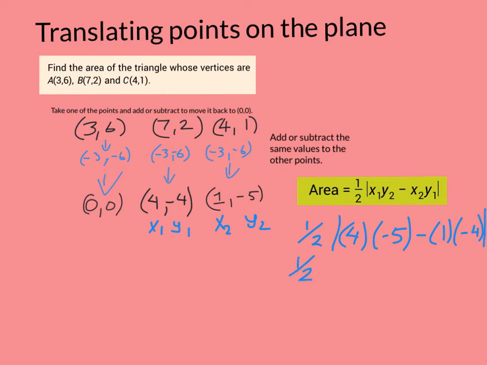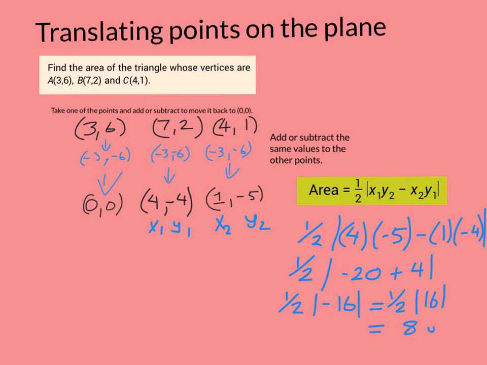So I have a half by -20, and -4 by 1 gives me -4, and minus by minus gives me a +4, which gives me a half -16, which we know is going to be a half of 16 because it's absolute value, which gives me 8.